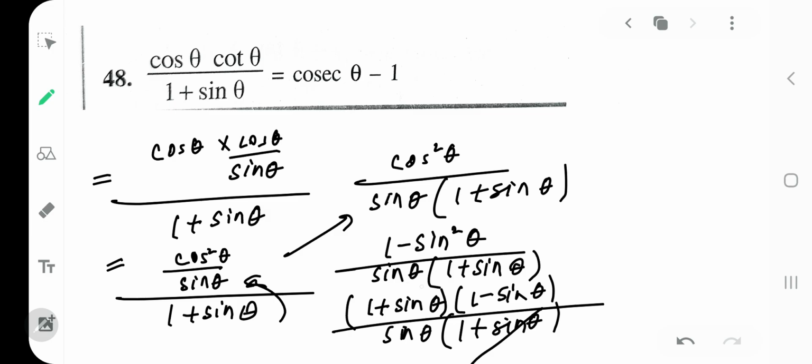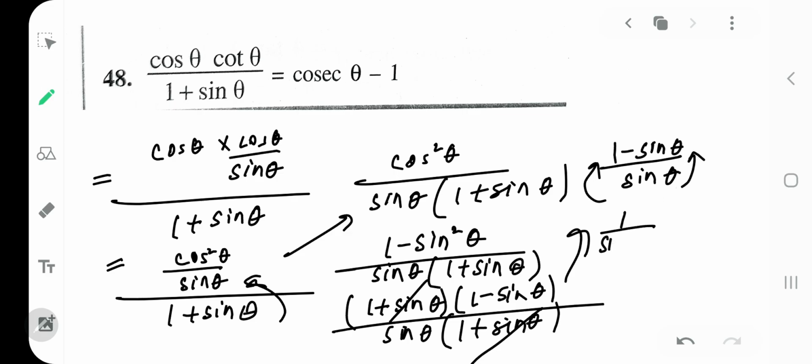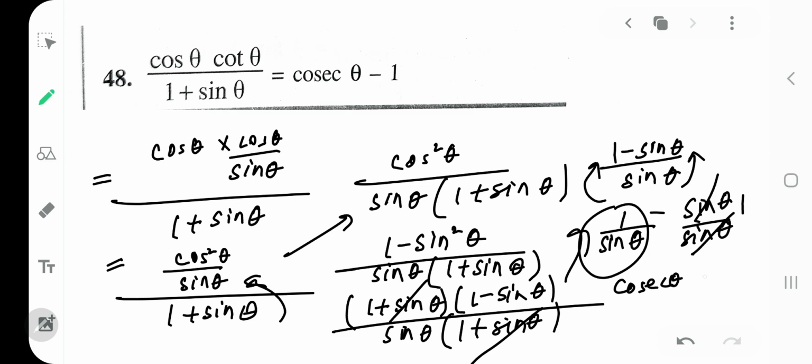You can eliminate 1 plus sin theta, and you will have 1 minus sin theta upon sine theta. This sine theta is with 1 also, with sine theta also. So it will be 1 upon sine theta minus sine theta upon sine theta. Sine theta cut and it will be 1 here. And for 1 upon sine theta, you have to write cosec theta. So it will be cosec theta minus 1.